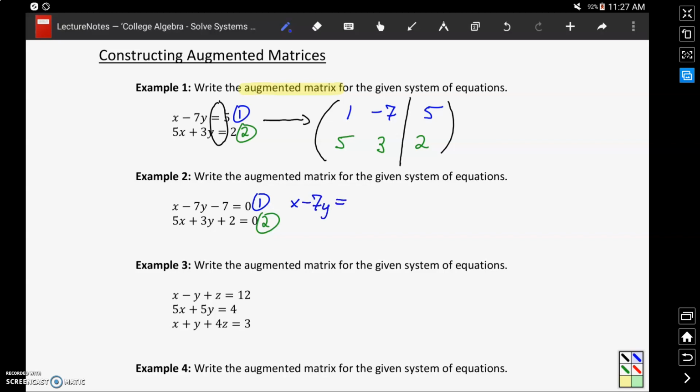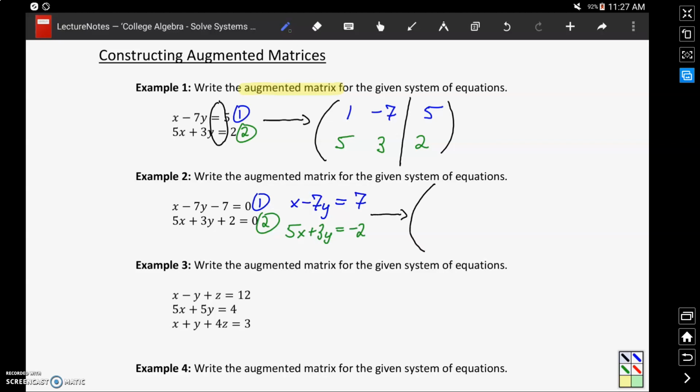So to start off, what we'll do is add our constants to the right-hand side, which will give us x minus 7y is equal to 7. And for equation 2, we'll get 5x plus 3y is equal to -2.